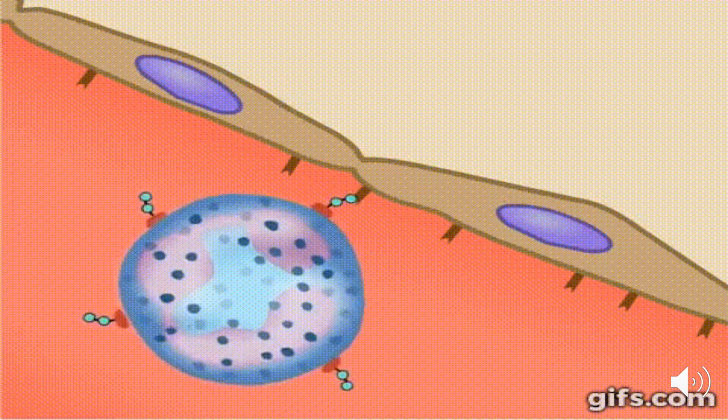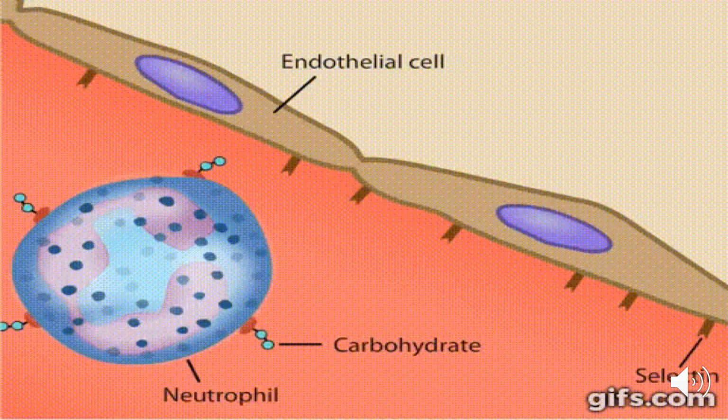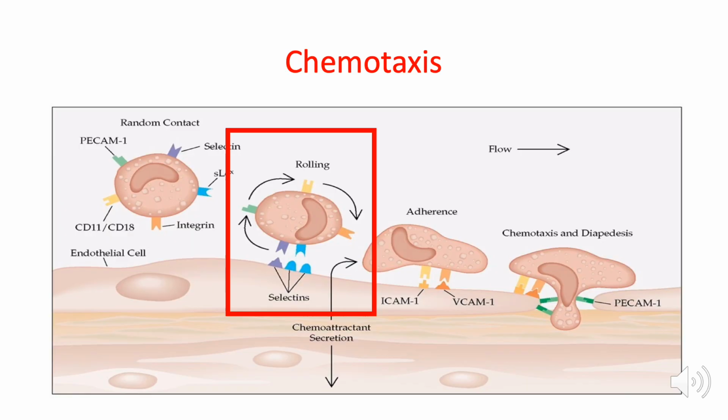So what will happen? The white blood cell will just undergo the next step of chemotaxis, which is what? Rolling. So rolling is mediated by L-selectin of the white blood cell and the E and P selectins of the endothelial cells.